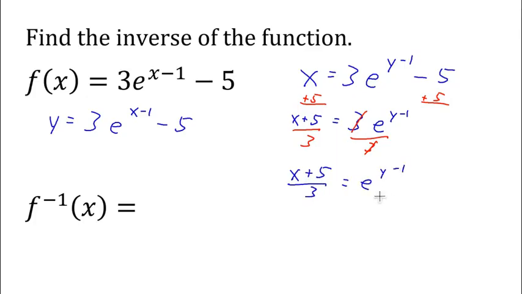Okay, we have the exponential expression all by itself. So let's go ahead and use the definition of a logarithm to rewrite this. We have a base of e, so that'll be log base e. The log always equals the exponent. Here's our exponent. And we fill in with the other piece right here.